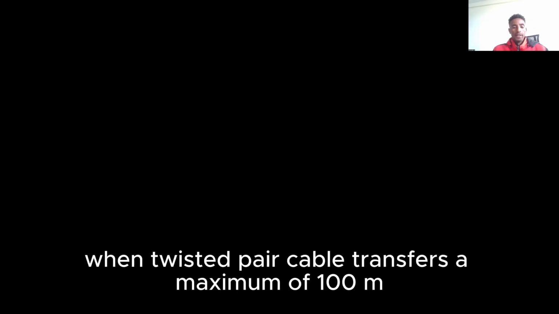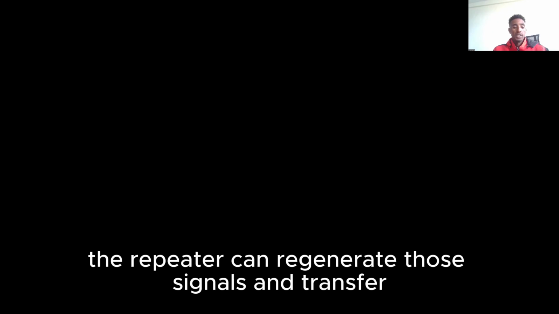For example, when a twisted pair cable transfers a maximum of 100 meters, the signal becomes weaker. So when we connect those two cables with a repeater, it can regenerate those signals and transfer them to cover a long distance.